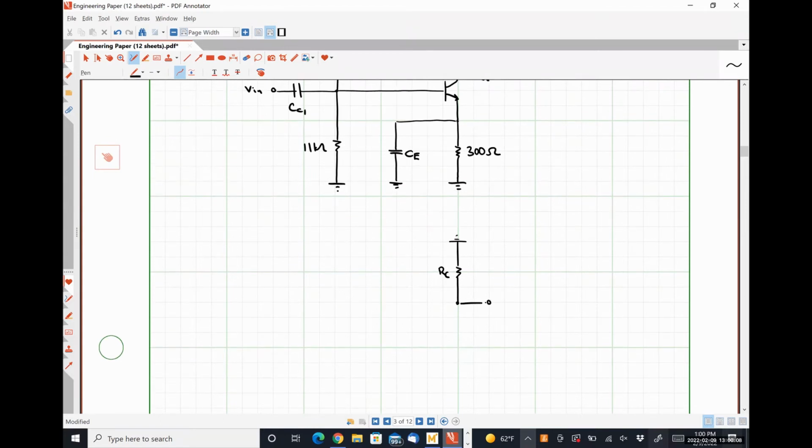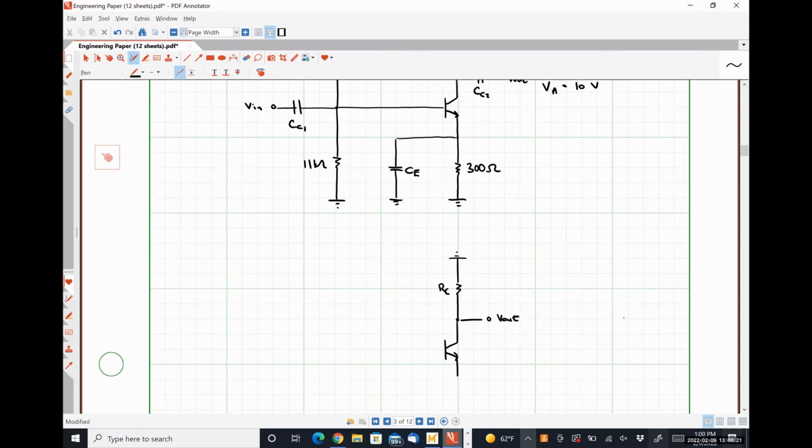We're taking our output at the collector terminal. This capacitance CE effectively shorts out our 300 ohm resistor. So this guy right here looks like ground.